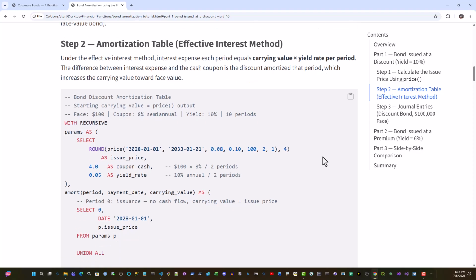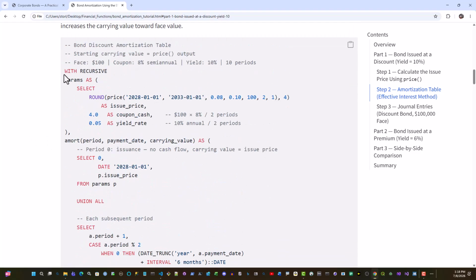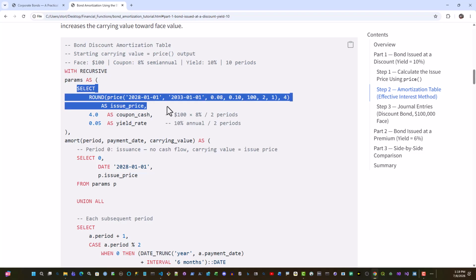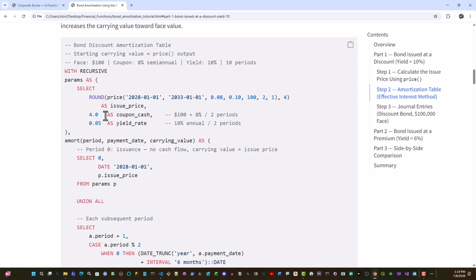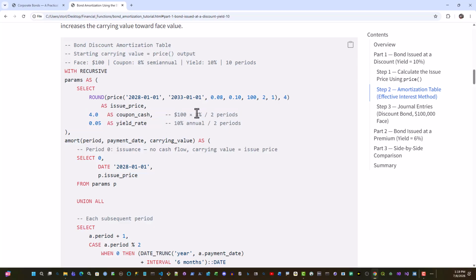So how can you do this? Well, you can create an amortization table using the effective interest method. Here I'm using a common table expression, setting up the beginning starting points using the price function, and then I'm adding in the coupon rates like this, which represent the semi-annual numbers.